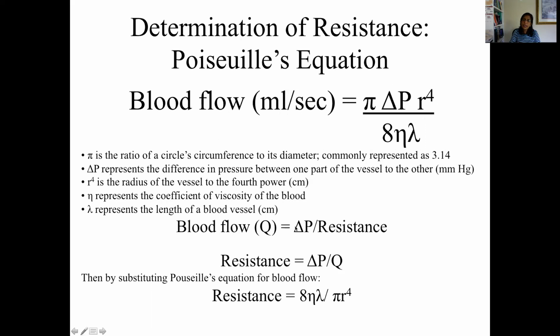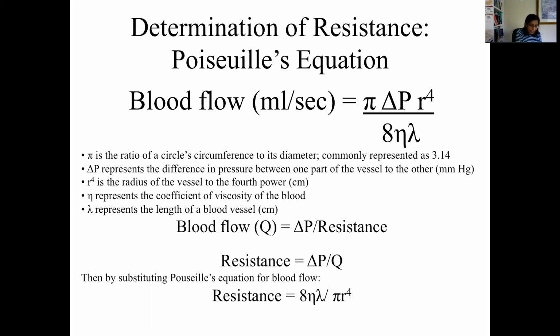So blood flow is delta P over resistance. This formula we already came across before. Similarly, we can move this in a different way: resistance is delta P over blood flow. All right, so there are mechanisms by which we can actually measure resistance. To increase blood flow, what do we have to do?